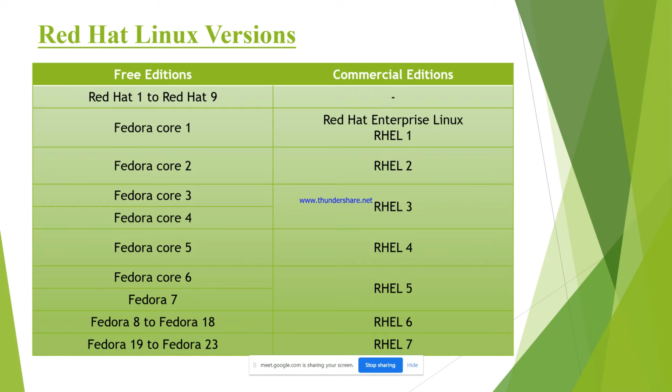This is about Red Hat Linux 1 to 9. Here we can use RHEL, which is Red Hat Enterprise Linux 1 to 7. Nowadays everyone is using RHEL 8. This is about the history of Linux versions, like Fedora 1, 2, 3, 4 up to 7 and 8 versions are available.